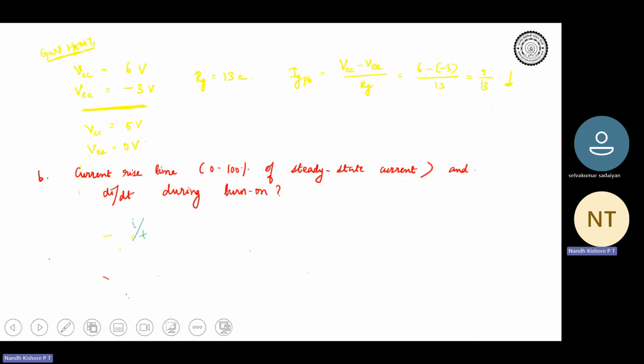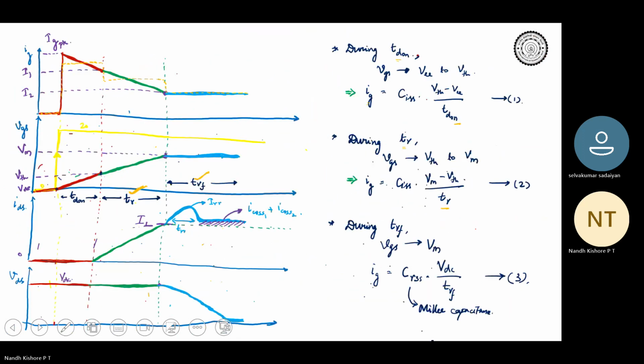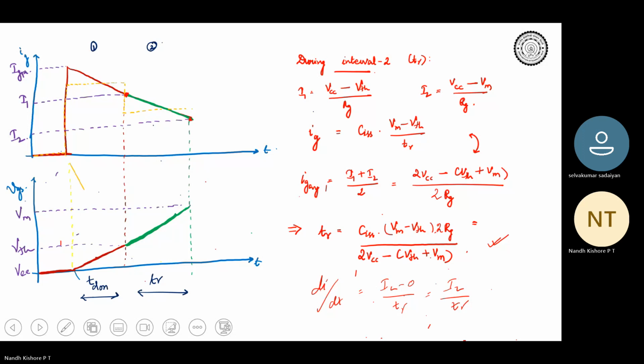CISS is 571 pico. 9.5 minus 3, into 15, divided by 3, that is VTH plus VM. Around 3.5 nanoseconds, right?